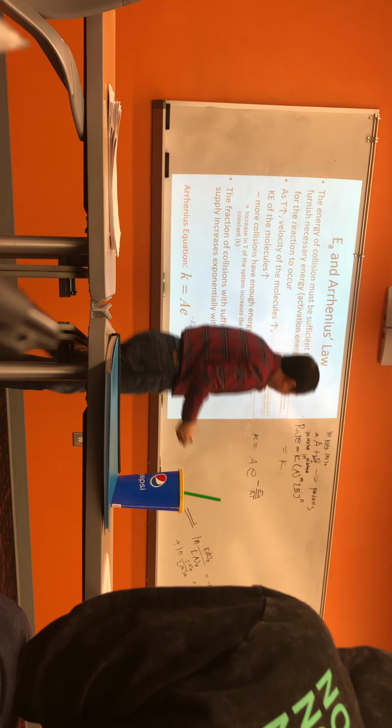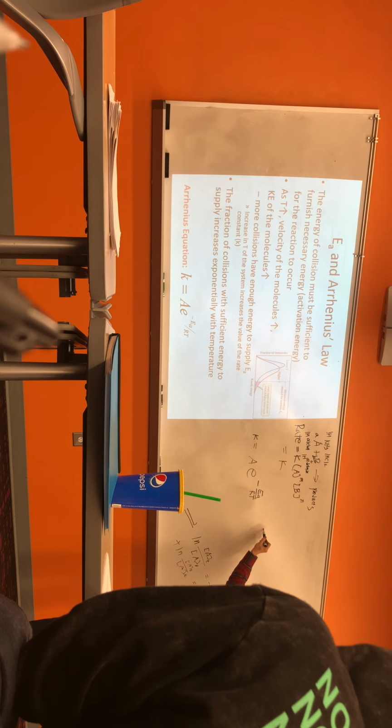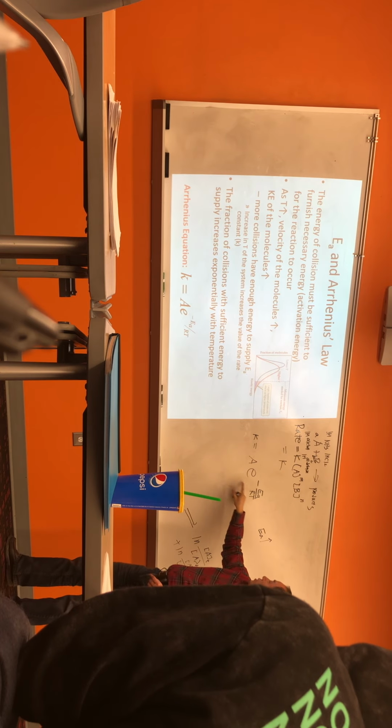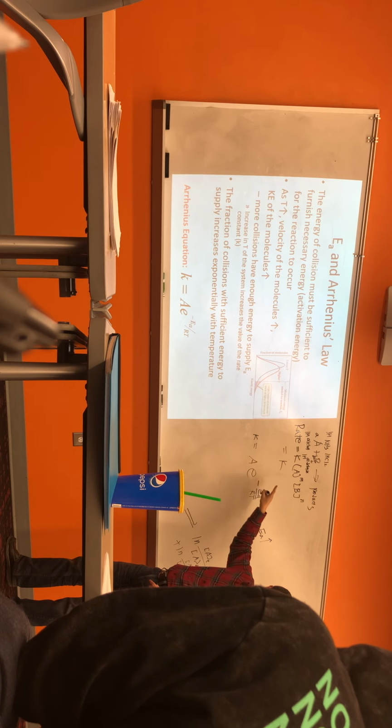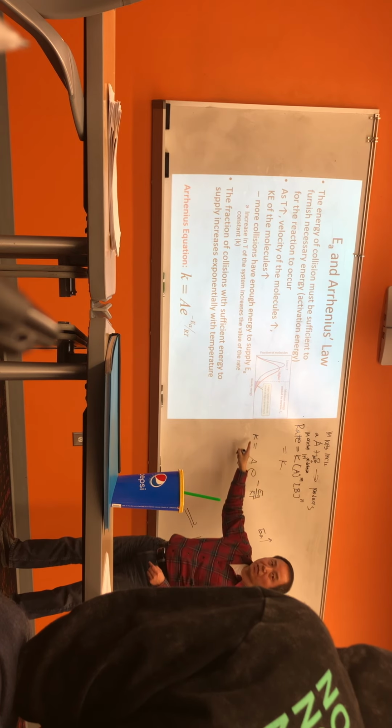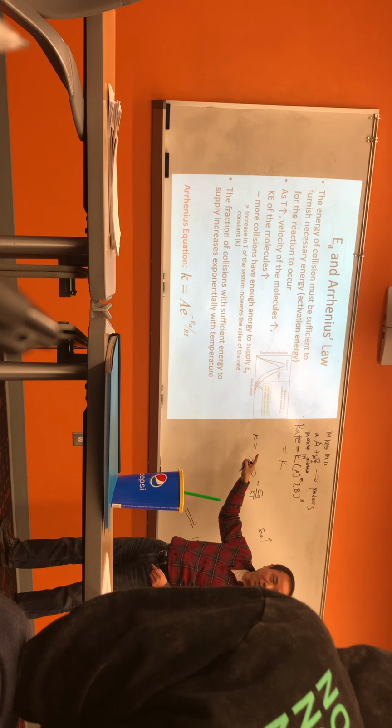So if activation energy is higher, the reaction should go slower, right? From this equation, if this is a higher number, then this will be more negative. If this is more negative, the exponential function will be a smaller number, which makes the rate constant smaller.